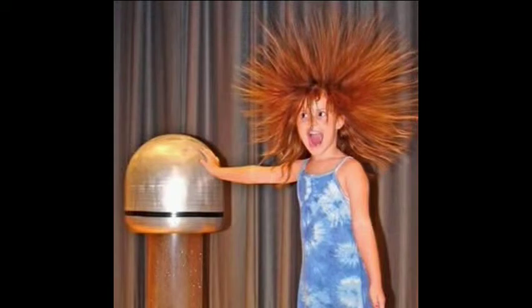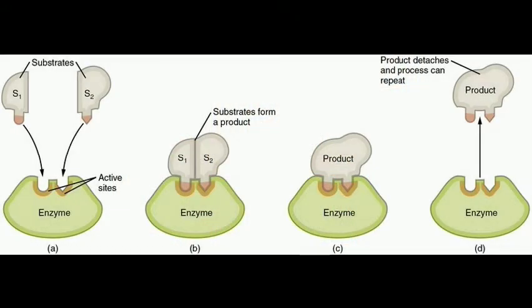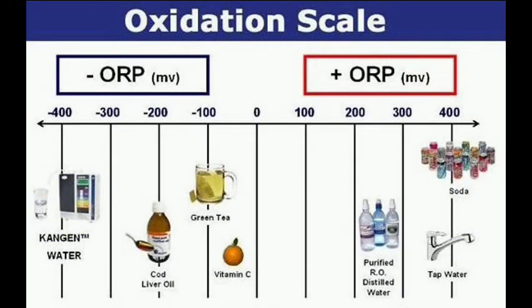Many enzymatic reactions are oxidation-reduction reactions in which one compound is oxidized and another compound is reduced. The ability of an organism to carry out oxidation-reduction reactions depends on the oxidation-reduction state of the environment, or its reduction potential.